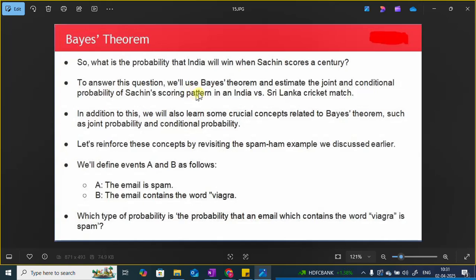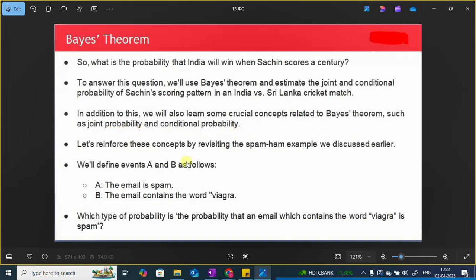To answer the question we will use Bayes theorem and estimate the joint and conditional probability of such a scoring pattern in an India versus, let's say, Sri Lanka or South Africa cricket match, whatever it may be. In addition, we'll also learn some crucial concepts related to Bayes theorem, such as joint probability and conditional probability.